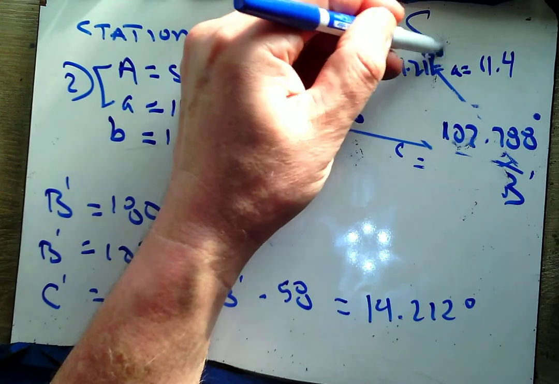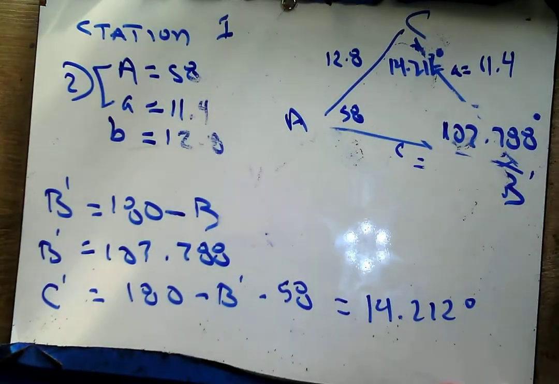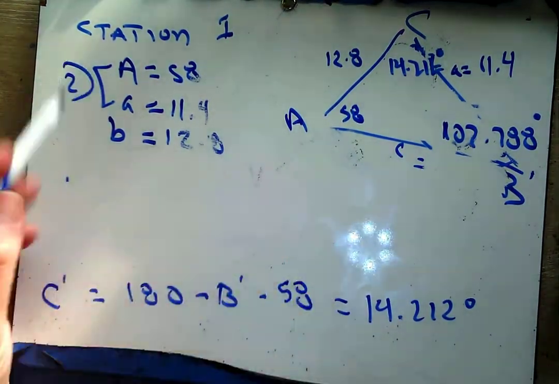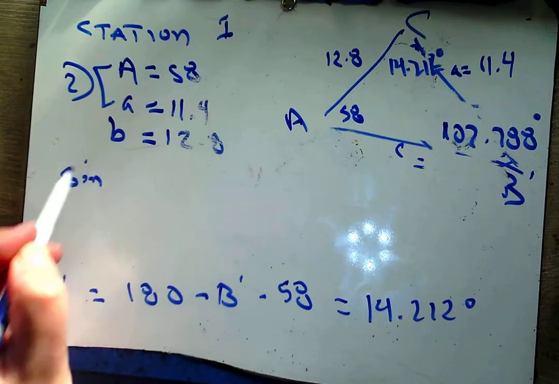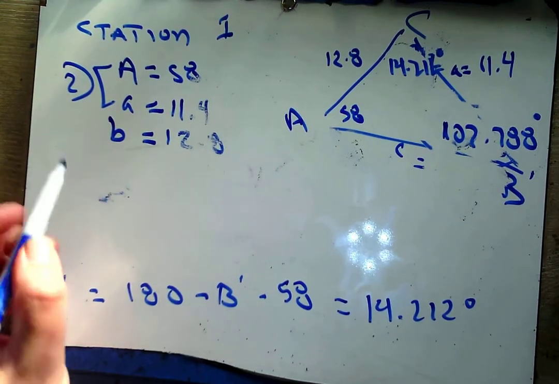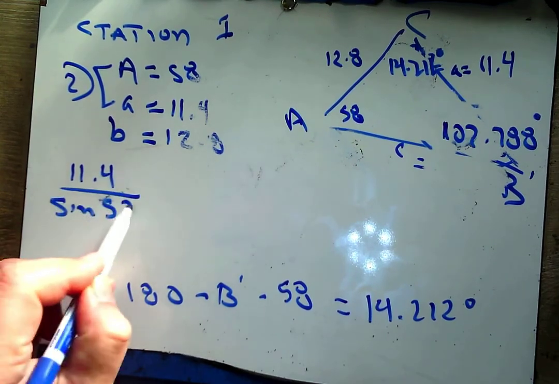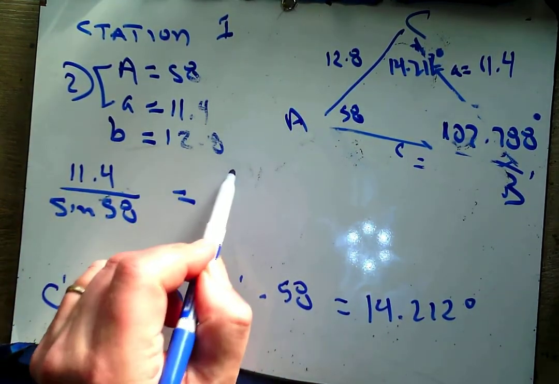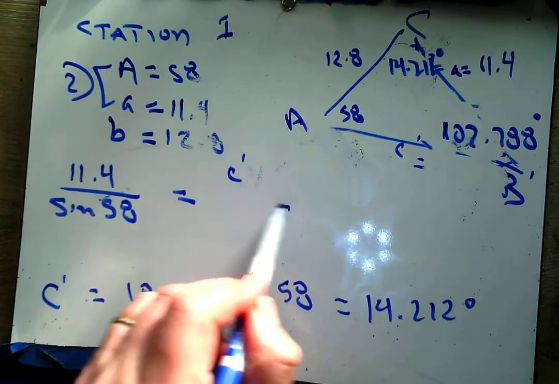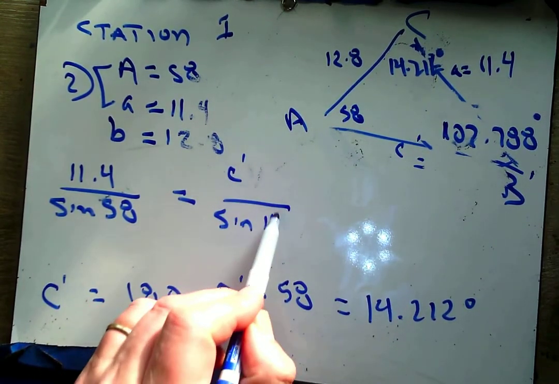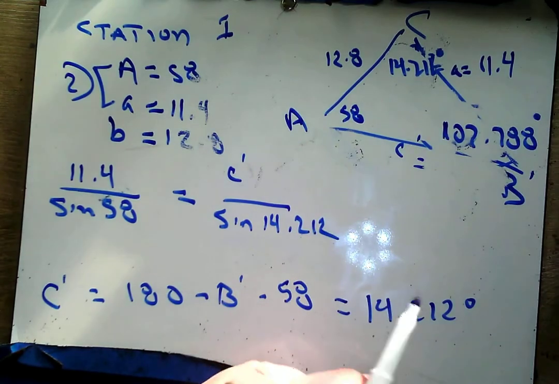14.212 degrees. And now to find little c, I'm just going to use my law of sines and say that 11.4 over sine of 58 should equal little c prime over the sine of 14.212. Excellent.